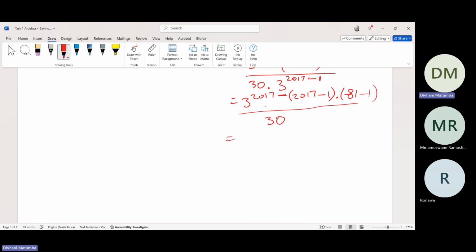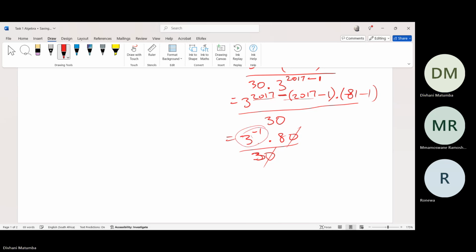So this will be 2017 minus 2017. We're going to have 3 to the power of minus 1 times 80, all divided by 30. 0 cancel 0.